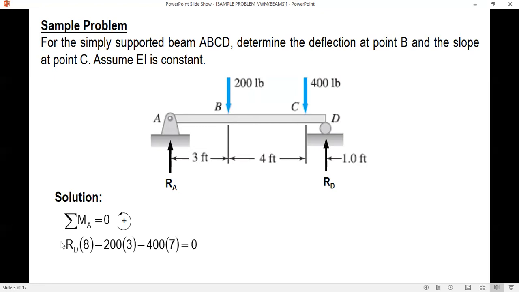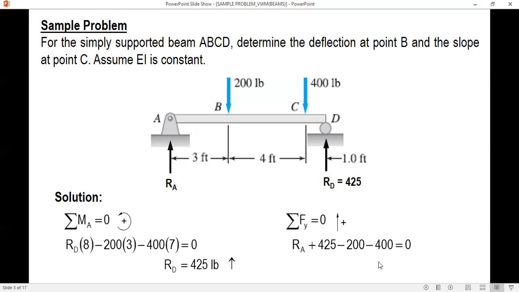So it's simply force times perpendicular distance. And we have RD equal to 425 pounds. To solve for RA, you can sum up forces in the vertical. Sign convention, upward force positive.